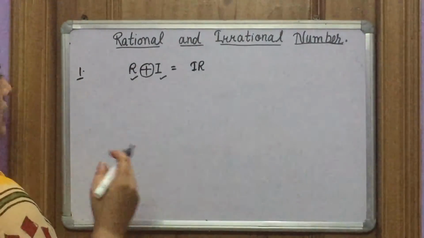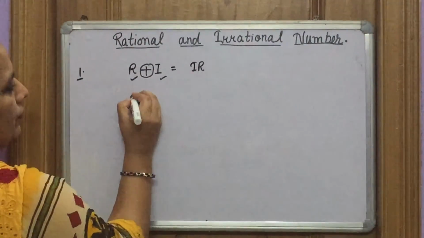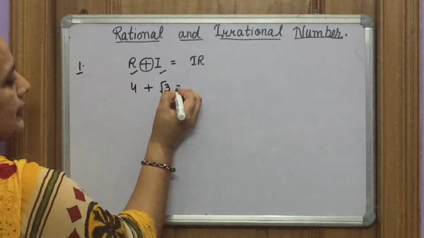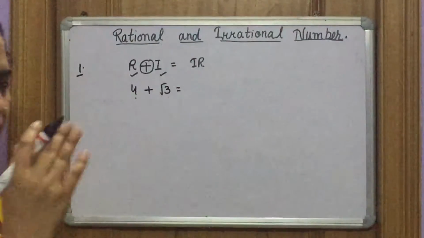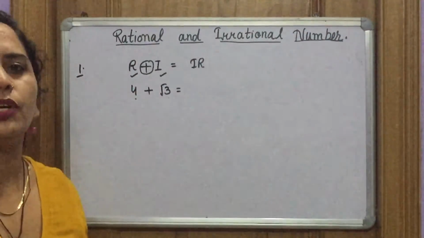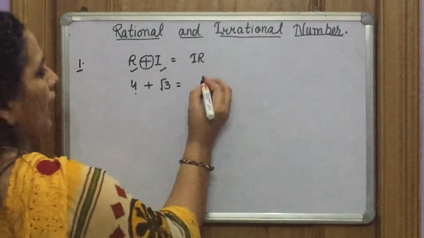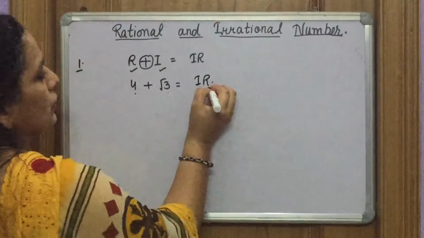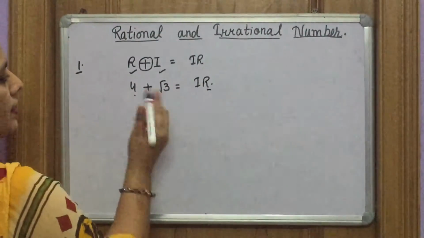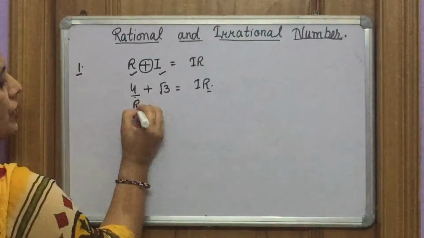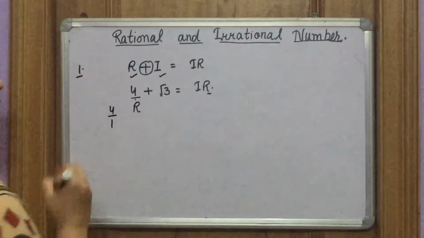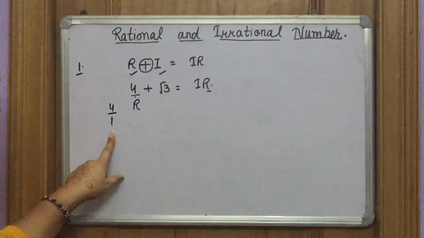Let's do one example. If you are given 4 plus root 3, and you are asked to check whether the final answer is rational or irrational, then our final answer will be irrational. The condition used here is, this number is rational because it can be written in the form of p by q, where q is not equal to 0.